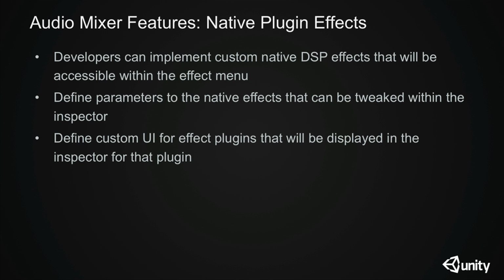You can define a set of parameters for this effect that will also automatically be shown in the inspector so you can tweak them. And we also provide the ability for you to draw a custom UI for your plugin. So if you have a particularly weird plugin that doesn't work with just sliders and you need to visualize something, we allow you to write a UI plugin in C# associated with your native plugin. And it all just automatically works.